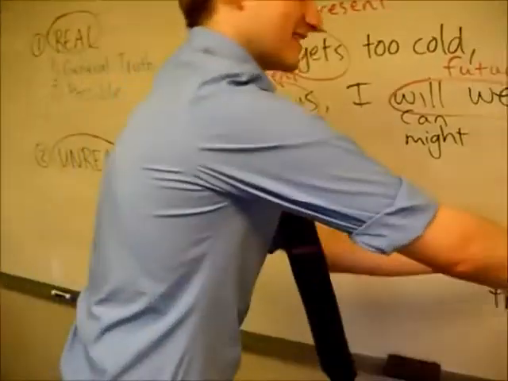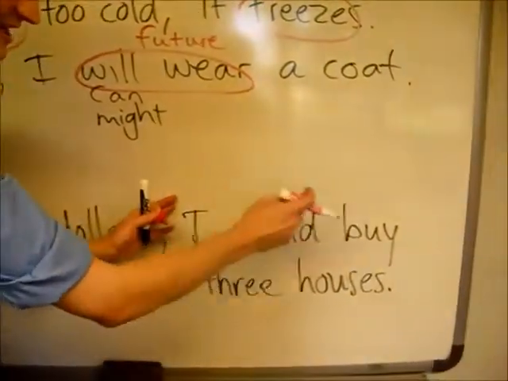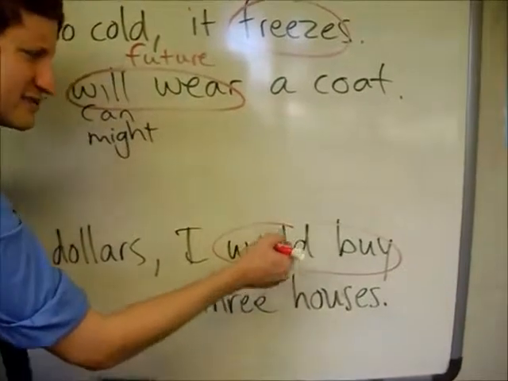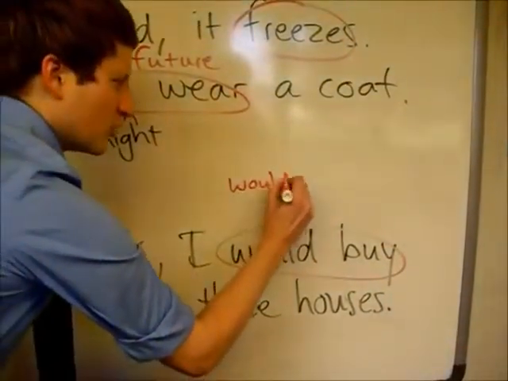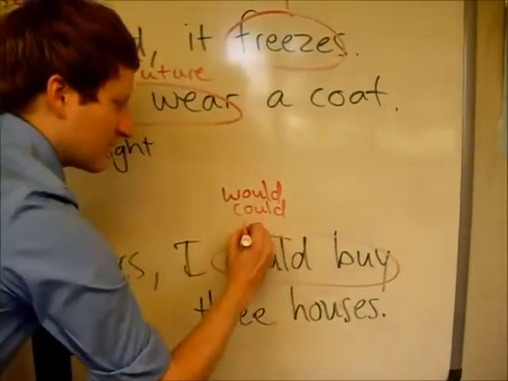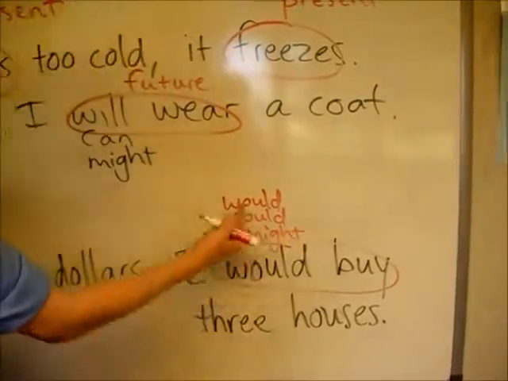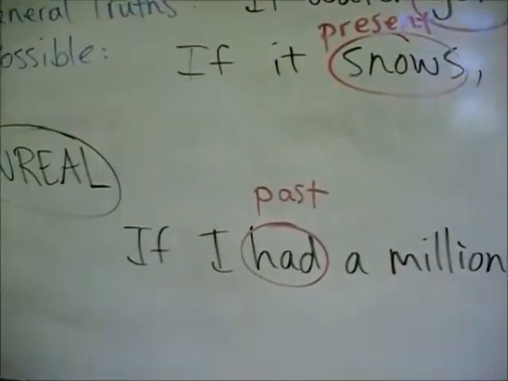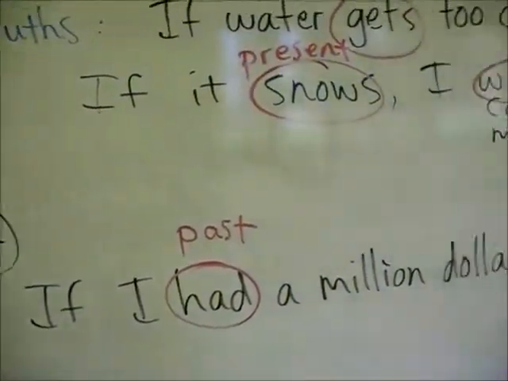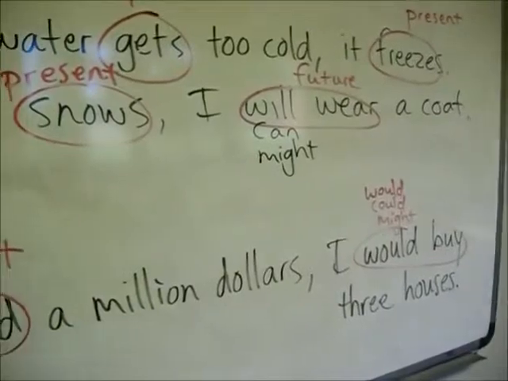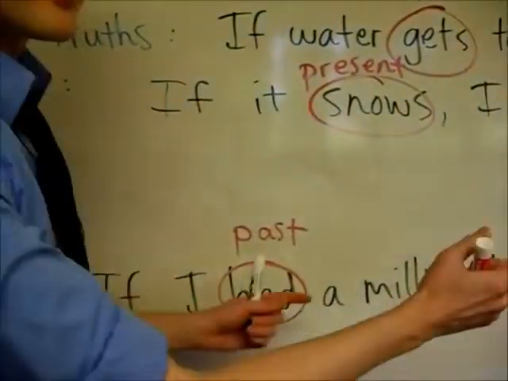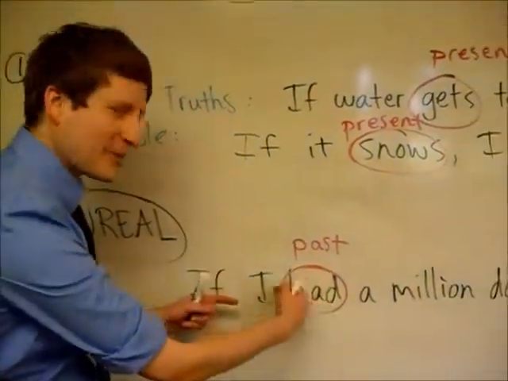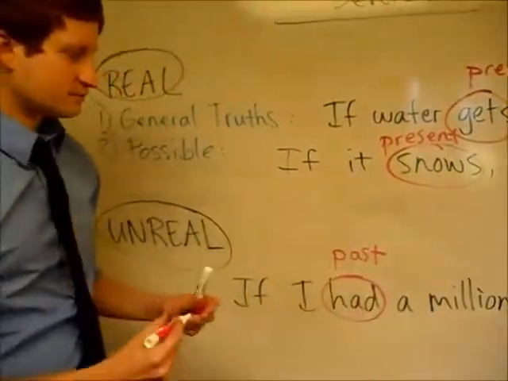And then at the end, in the result, the consequence, you should say would, or could, or might. One confusing thing is that I'm actually talking about the present. I'm saying if I had $1 million right now. I'm talking about the present, but I still use a past verb.